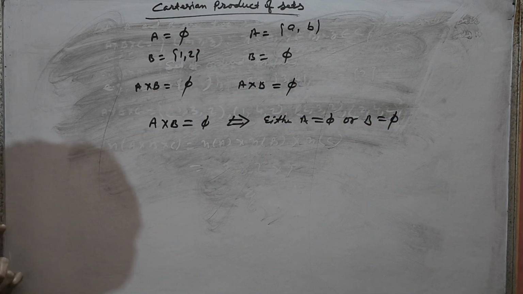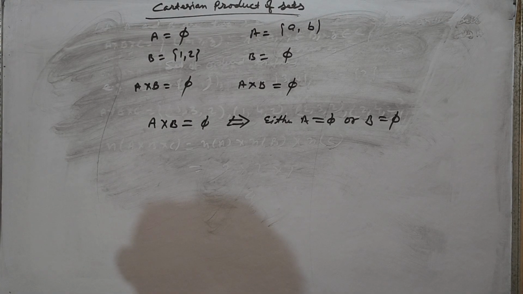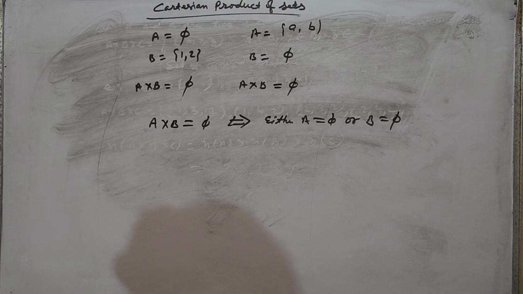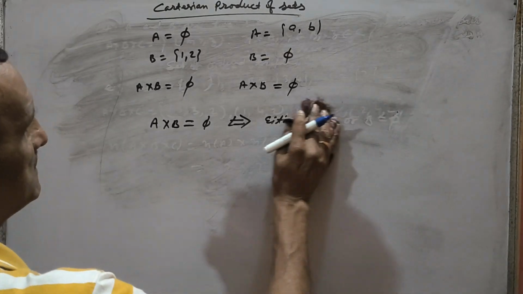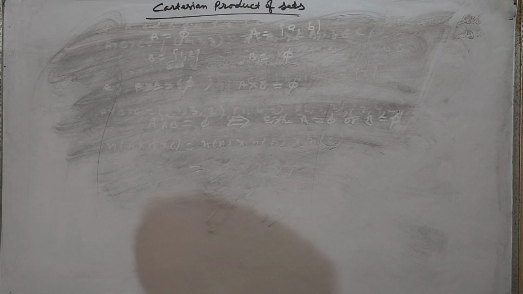If both are null sets, then there is no question. So if either A equals null set or B equals null set, then A cross B will be a null set. Is it clear now? Easy? Now the properties of Cartesian product of sets.